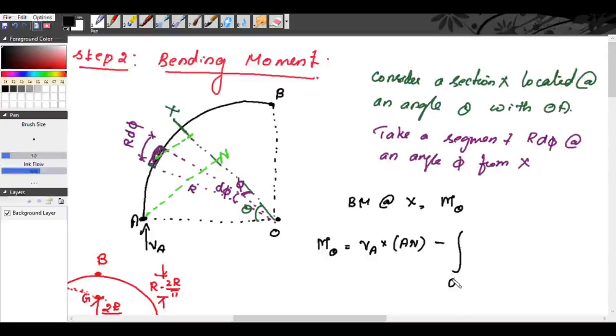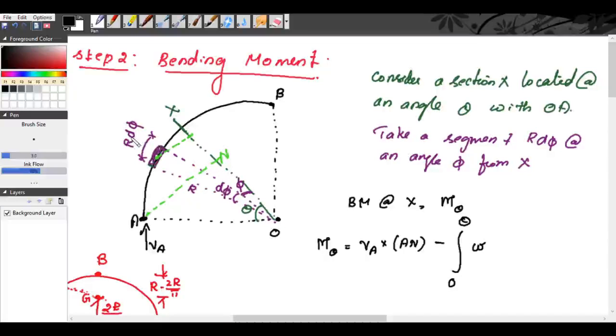For the bending moment at x, it is 0 to theta. For this segment, the load is W into R into d pi, where W is the intensity of load.